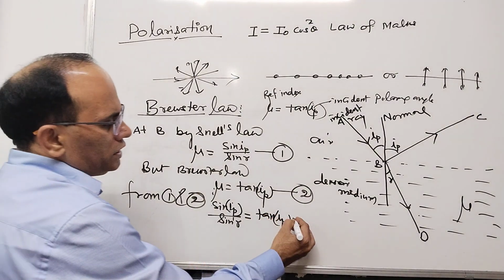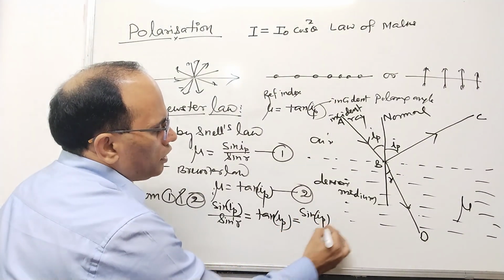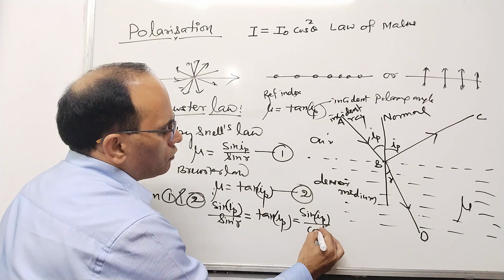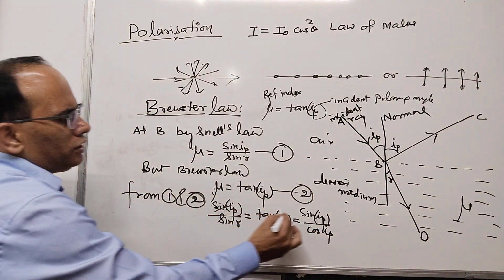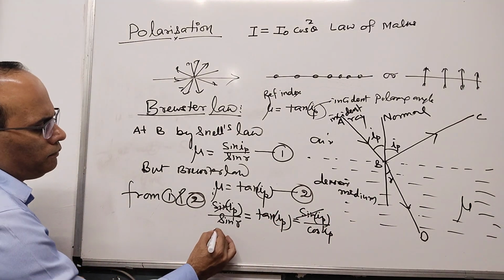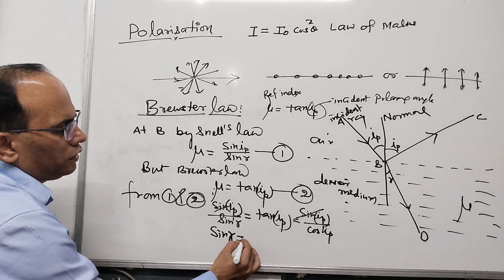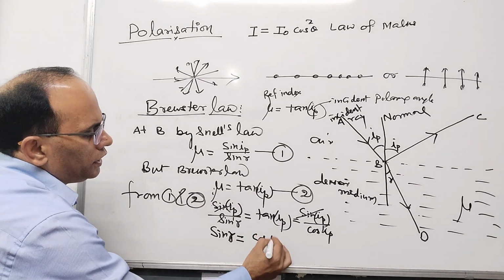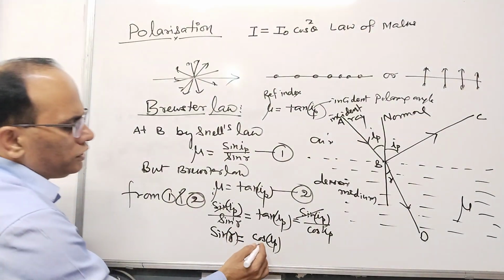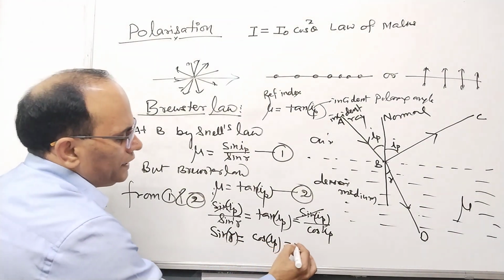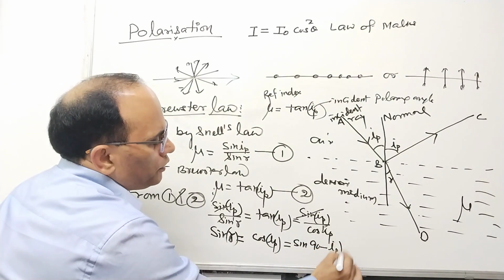Further, you can change it in terms of sine and cos very easily. So this is sine IP upon cos IP. You will see that these are the same, so you can cancel them out. So your equation becomes sine R equals cos of IP. This can be written as sine of 90 minus IP.